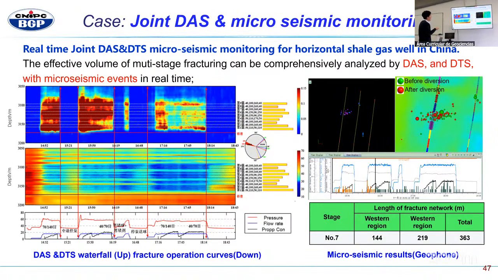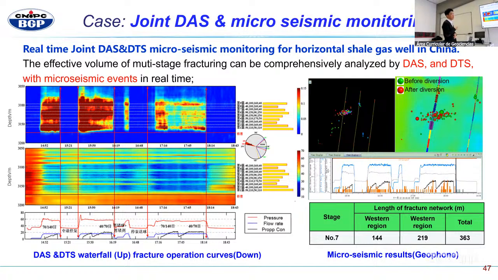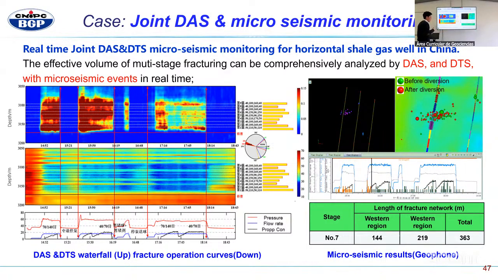And we also combine the optical fiber monitoring with microseismic. This is using geo4, because if you deploy the fiber cable in a gas well, you cannot monitor a lot of the microseismic events because the cable is under very high production.